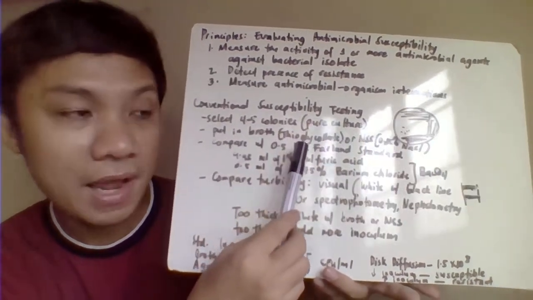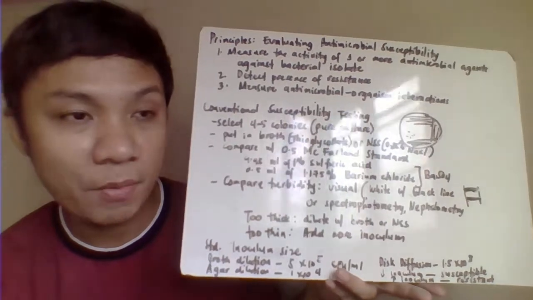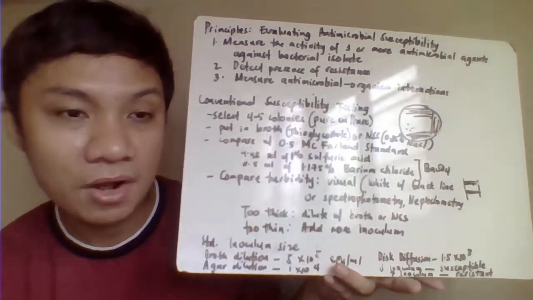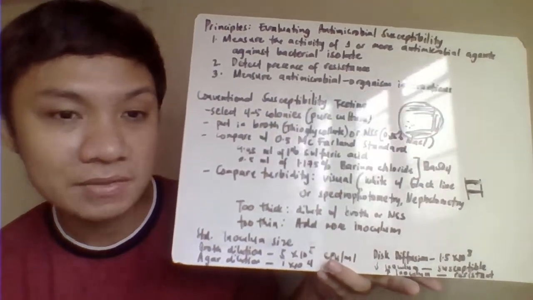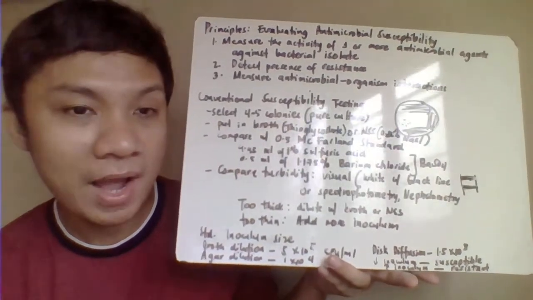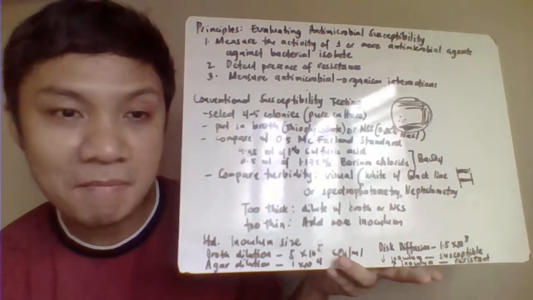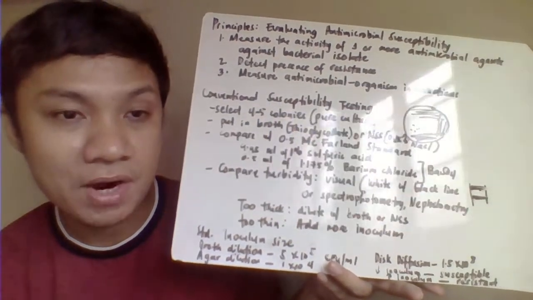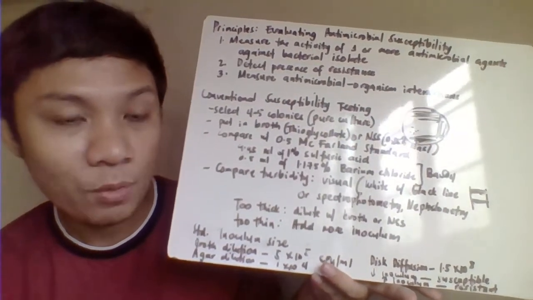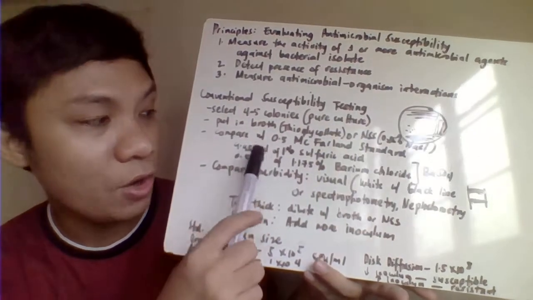You could have your thioglycolate or you could also have your 0.85% sodium chloride, or your NSS, normal saline solution. After that, wait for the turbidity, and then match the turbidity of your inoculum with our standard inoculum.